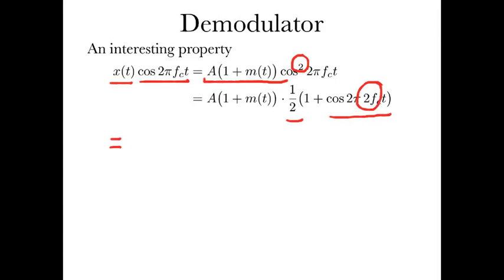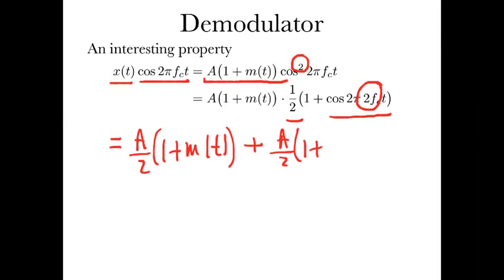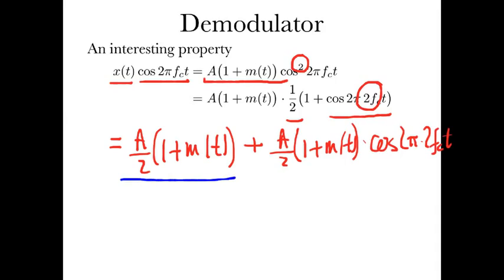Let's expand this. So there's the first part, and you get the same thing times this cosine. So, believe it or not, remodulating by the cosine gives us back a signal that's now in its original frequency band.